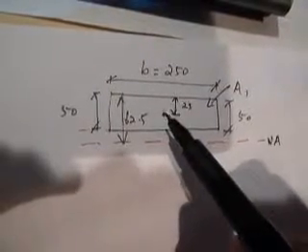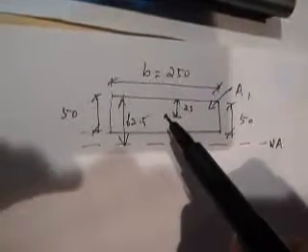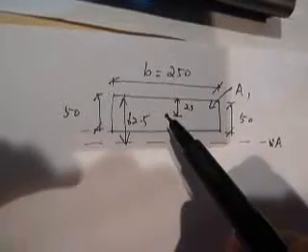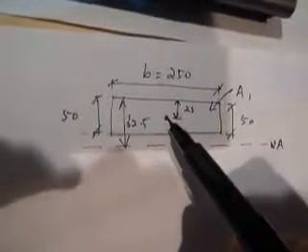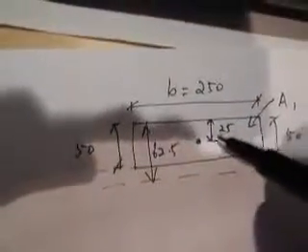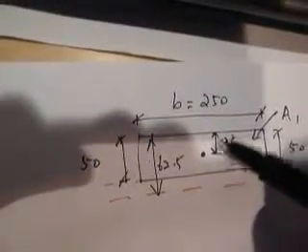But we also know that the centroid of that top rectangle is 25 millimeters, or 25 whatever units, from the top.